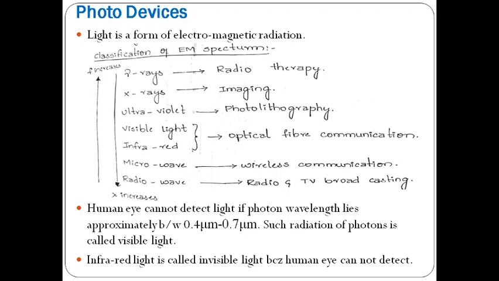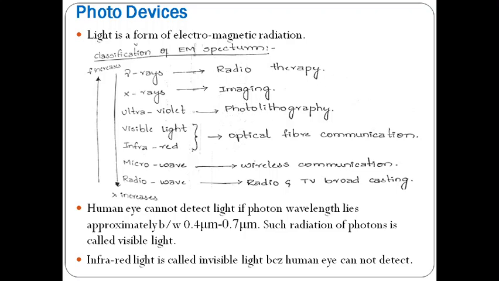Such photon radiation is called visible light. You can say 0.4 micrometer to 0.7 or 0.8 micrometer wavelength of photon radiation is detected by humans. The other wavelengths we cannot detect.